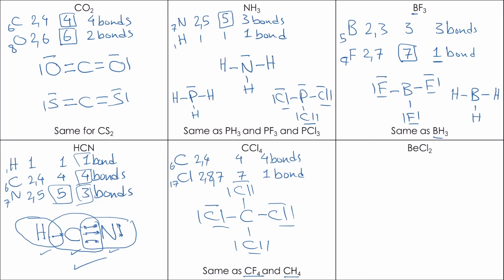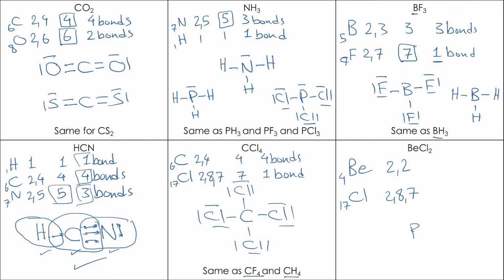So next we have Be. Be is 4, an exception. Also, as we'll see now, it is 2, 2. Okay, you would say that, okay, is it a metal? Yes, it is in group 2, but still making a covalent bond. So we have Cl, 17, so it's 2, 8, 7.